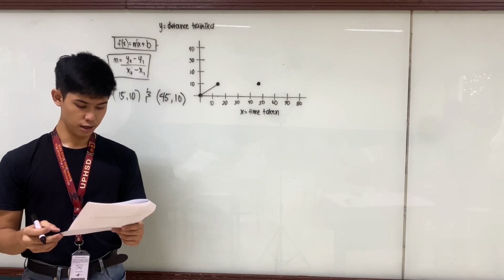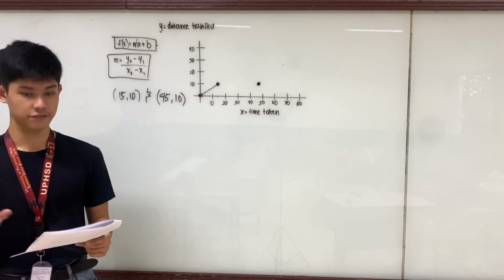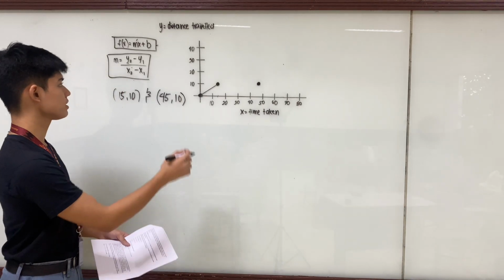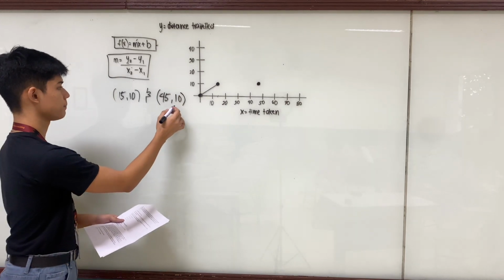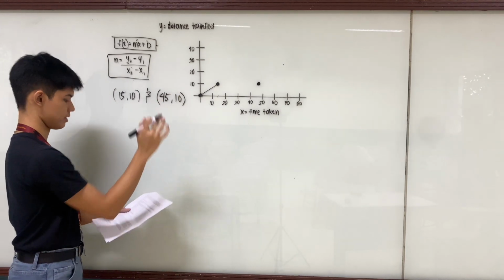But for this function, we will be doing it differently. Since there is no change in distance, y will still be 10.